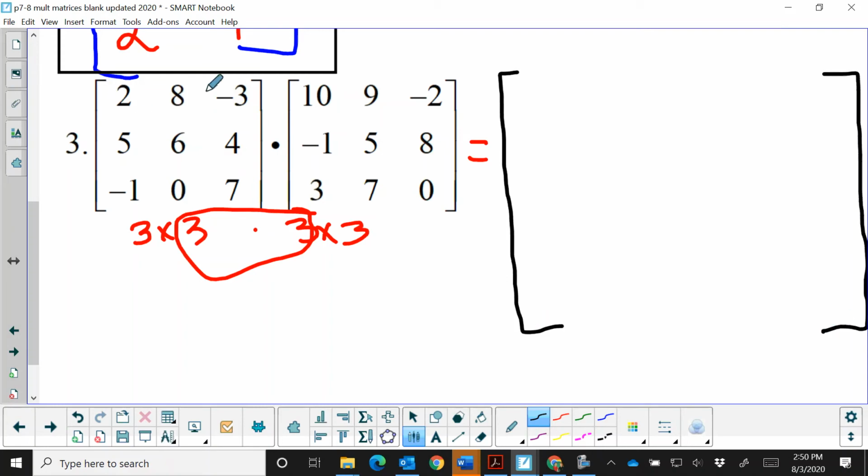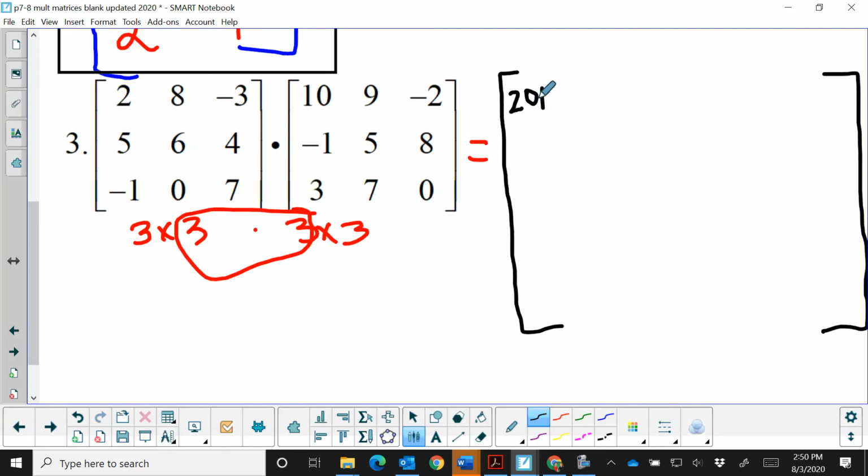Okay, so let's take this row times this column. Now that I'm doing these, and I don't have as much room, I don't know that I'm going to show each multiplication. I'll probably just show the product. So I'm going to take 2 times 10, which is 20.